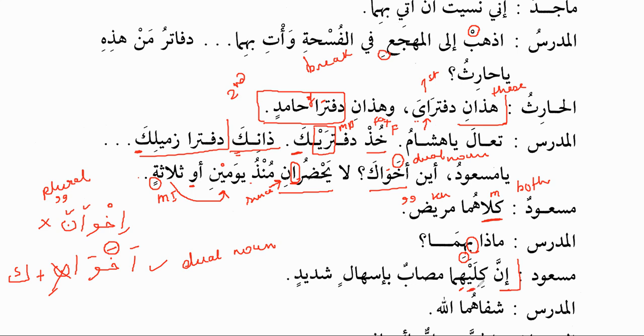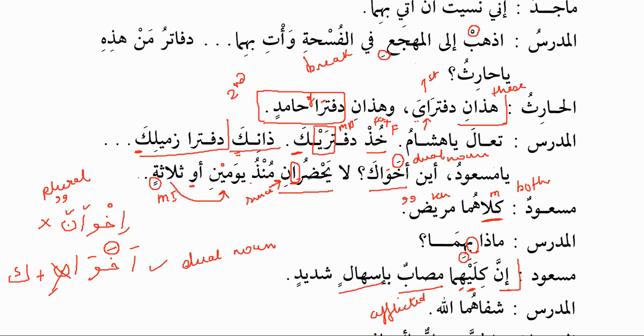So kilay becomes ism inna mansoob. Inna kilayhima masabun. Masabun means afflicted. Masab comes from musibah, and they are afflicted. Bi halin shadidin, diarrhea. This is diarrhea, dysentery, shadidin, severe dysentery, diarrhea.